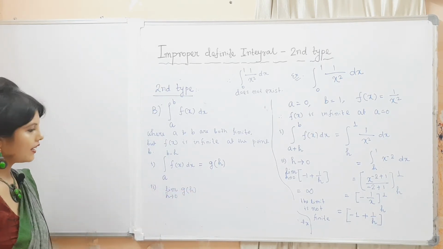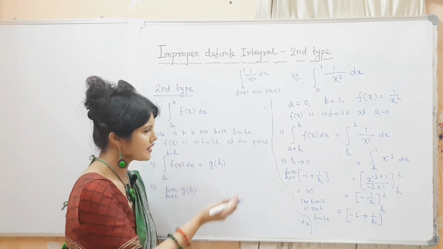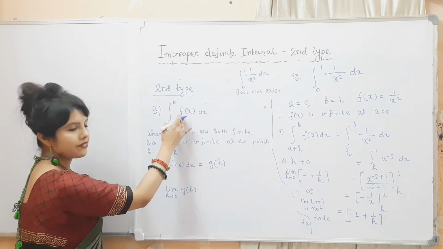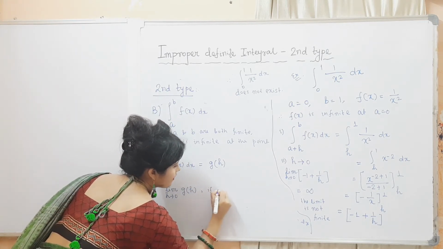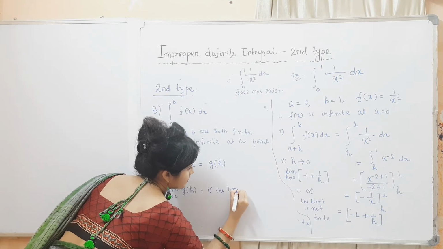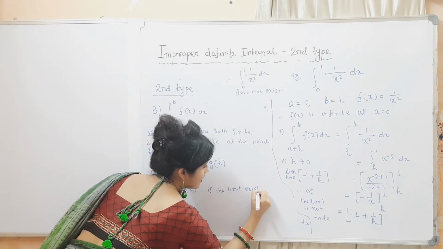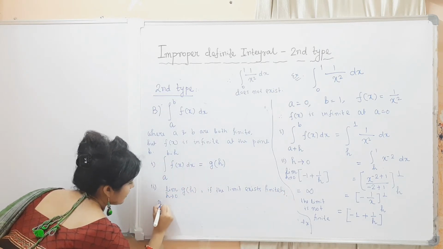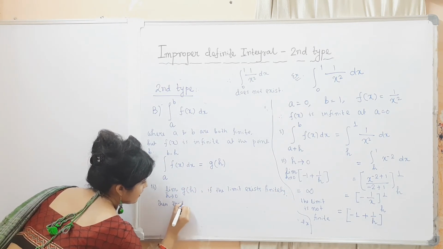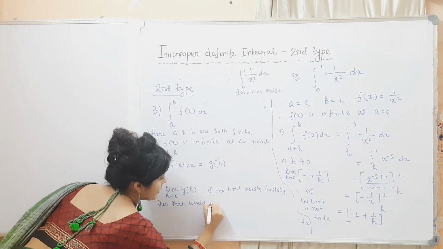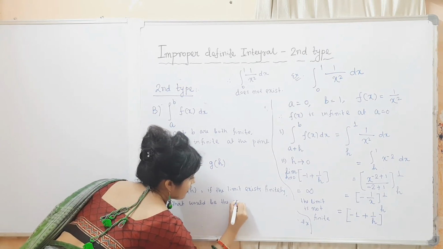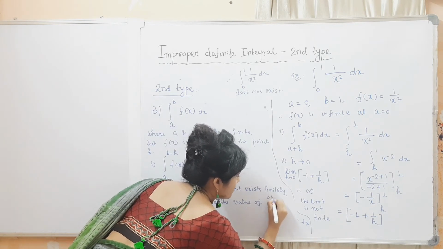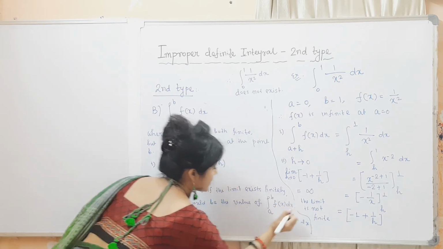So if the limit exists finitely, just like the previous case, then that would be the value of the integration a to b of f of x dx.